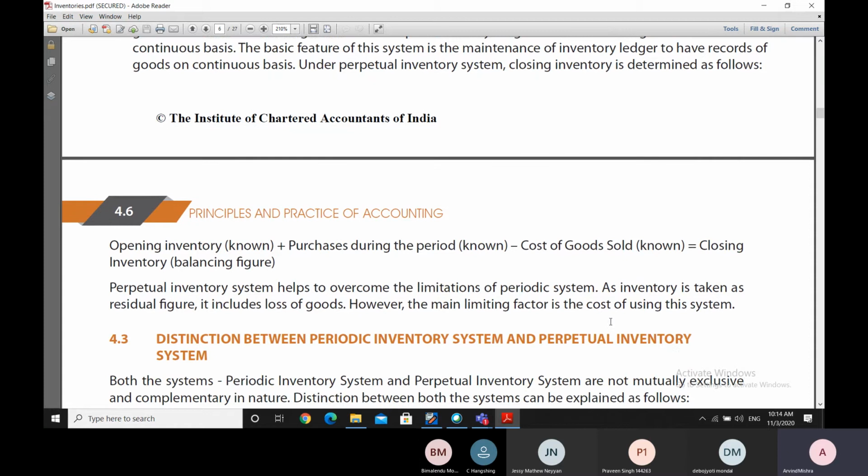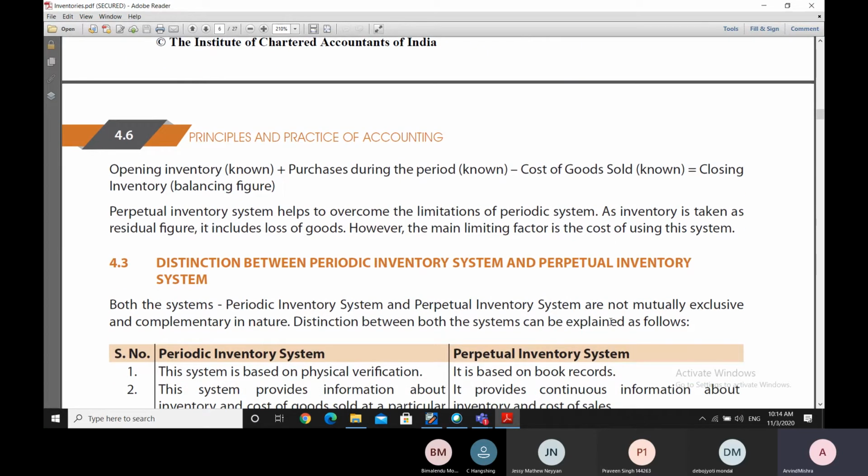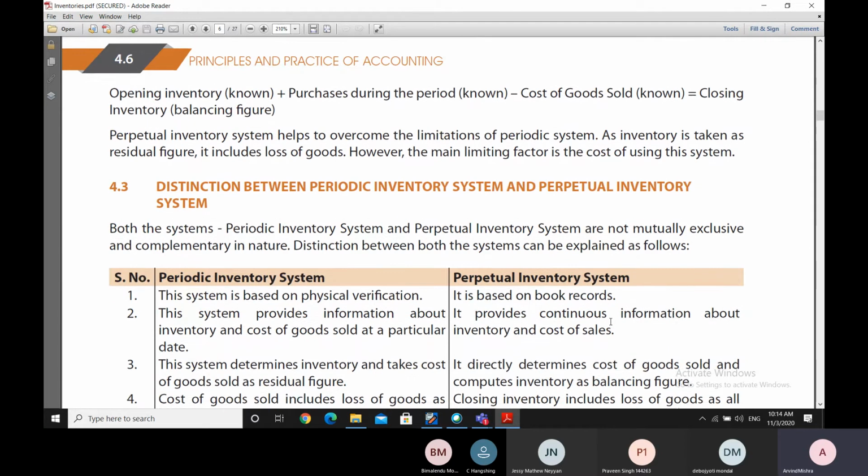So the perpetual inventory system will help to overcome the limitations that are there in the periodic system, and because inventory is taken as the residual figure, it will also include the loss of goods, so we know how much goods are lost due to pilferage, etc. The only main limiting factor in this system is that it requires more cost to be undertaken, because this is a perpetually always-on type of inventory system.